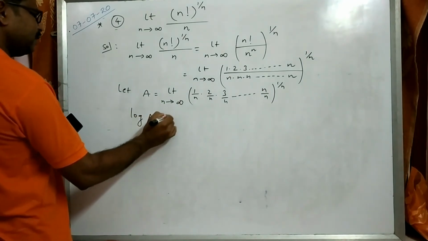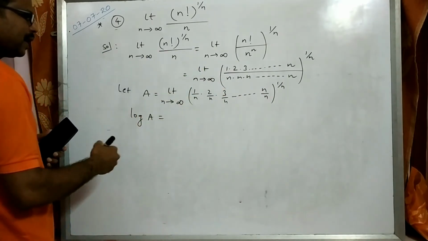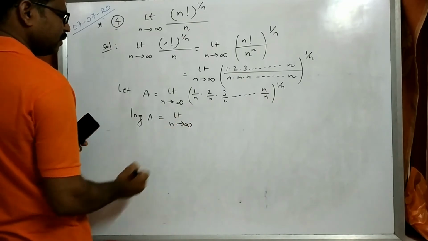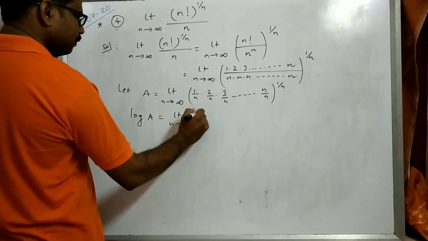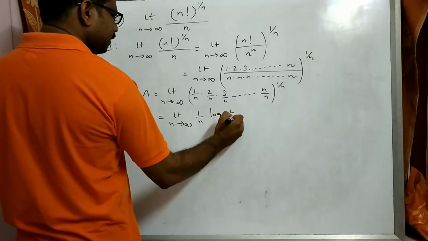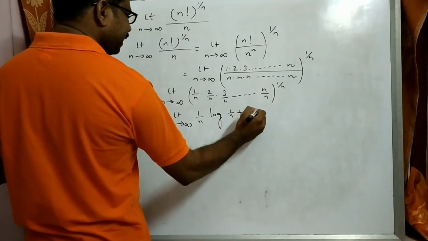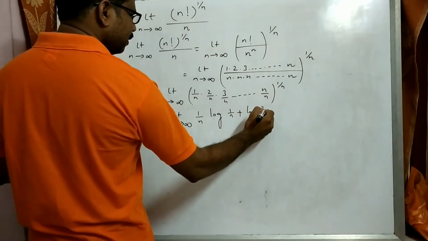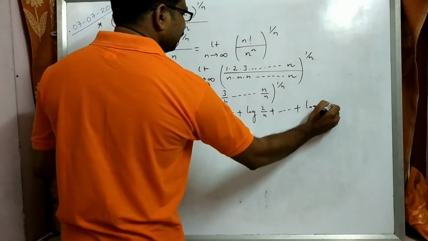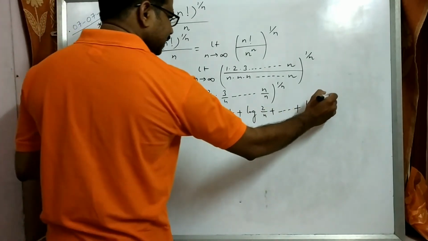Log a is equal to, that 1 by n will be brought into the product. So limit n tends to infinity, 1 by n, log a plus log b plus so on, log n by n. Right? So this can be written like this.